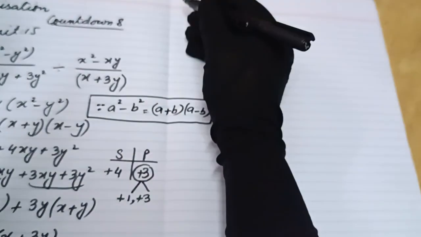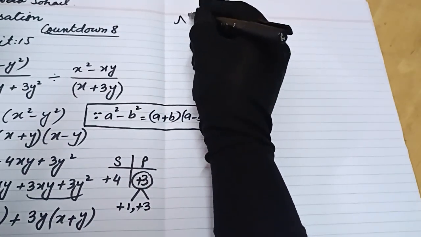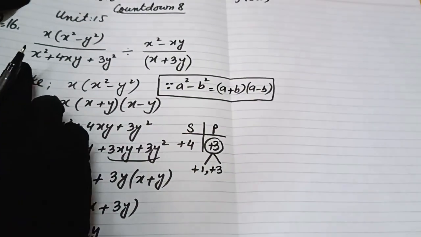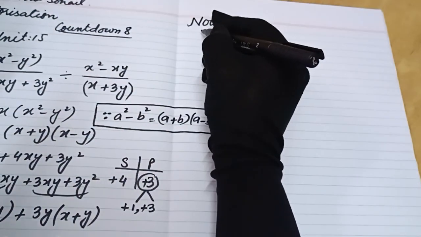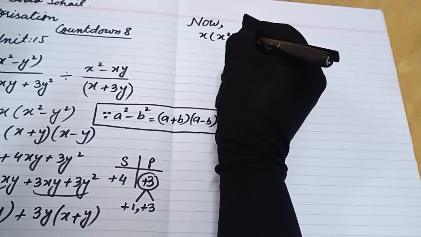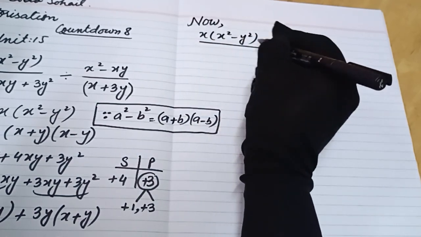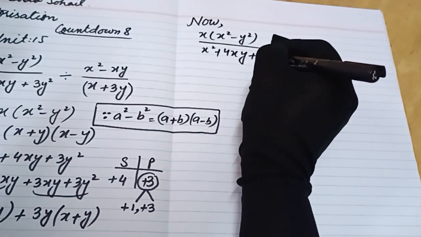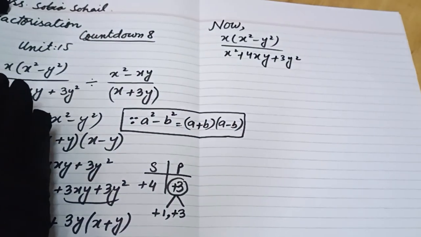Now, I'm again repeating, first factorize each expression. After that, write down the question again. I'm writing them as it is, especially the first term, x square plus 4xy plus 3y square. There are only two terms.